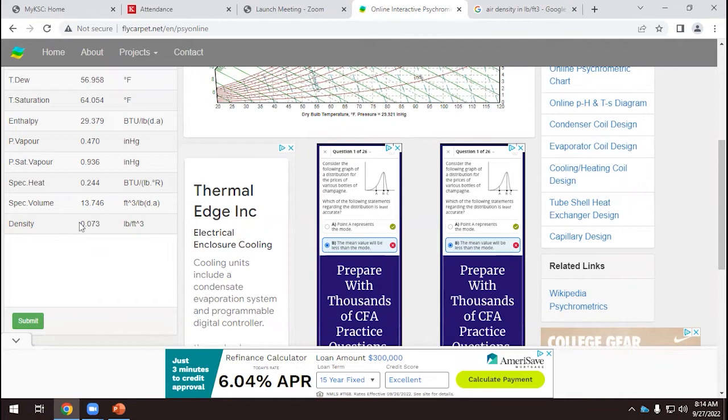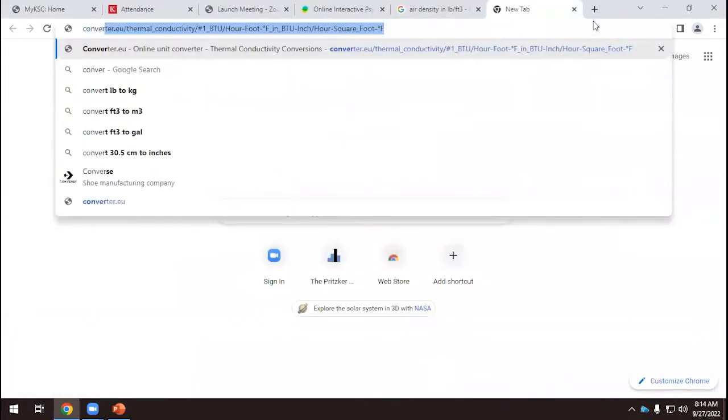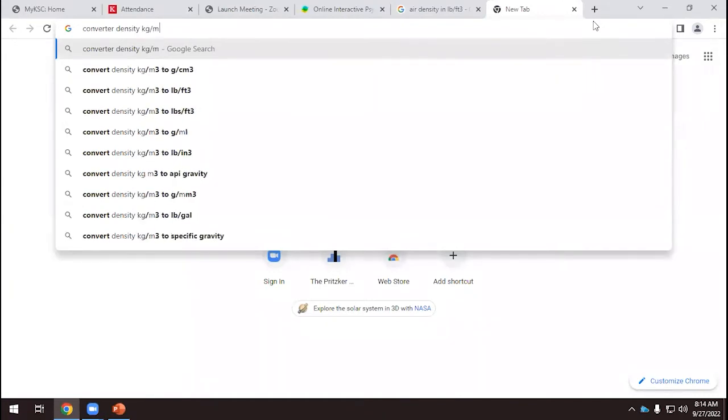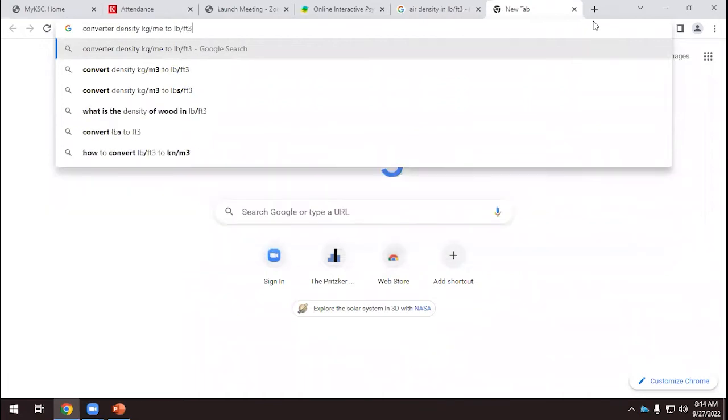So I go to a converter. The density converter, kilograms per cubic meter to pounds per cubic feet.